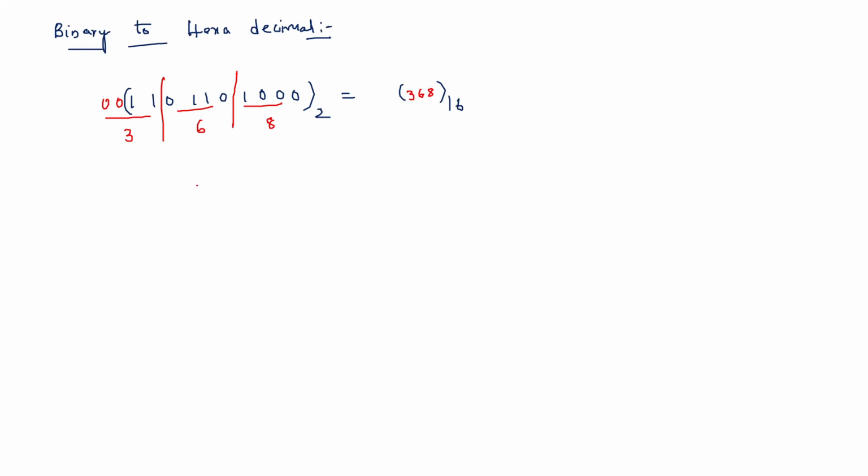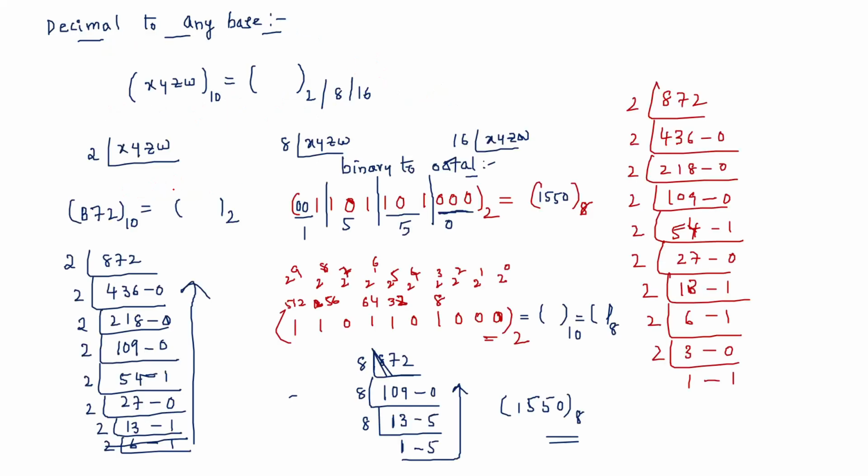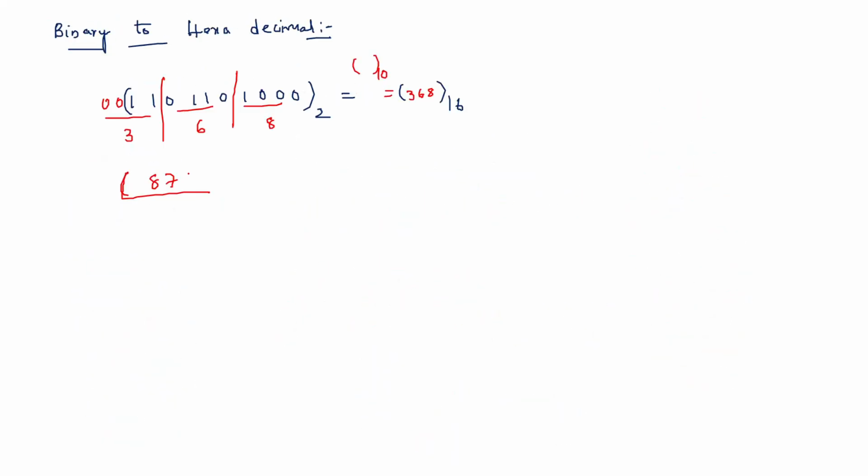Similarly, here I convert this binary number to a decimal number. After that, I divide the decimal number by 16. What decimal number did I get? 872, right? 872 is my decimal number that should be divided by 16.